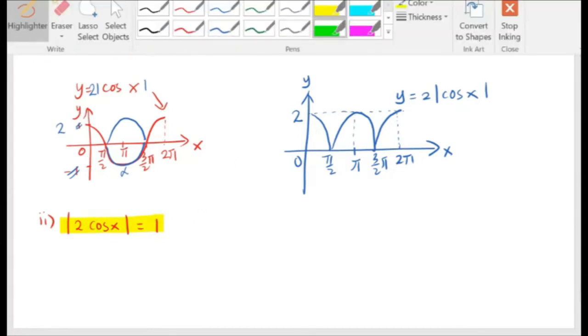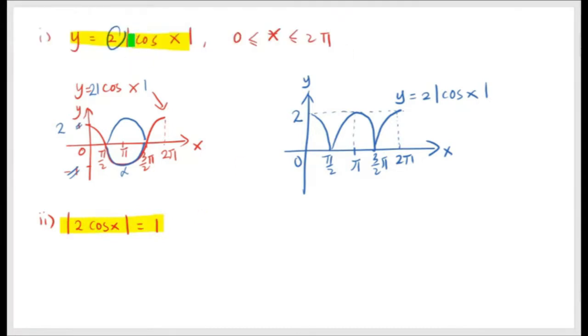The question now is, are this one and this one the same or not? Is 2 modulus cos x the same as modulus 2 cos x or not? If you're not sure, you can sketch this one, let's say y equal to 2 cos x.